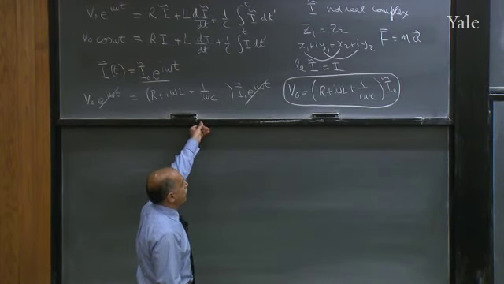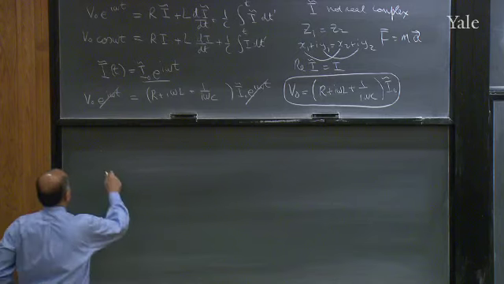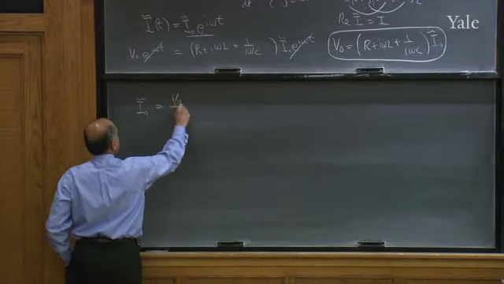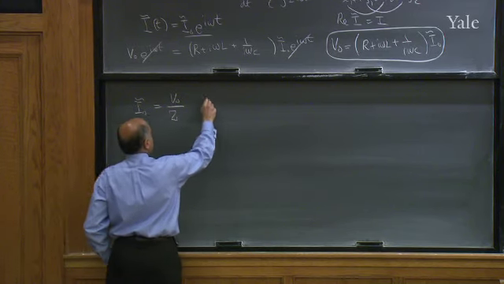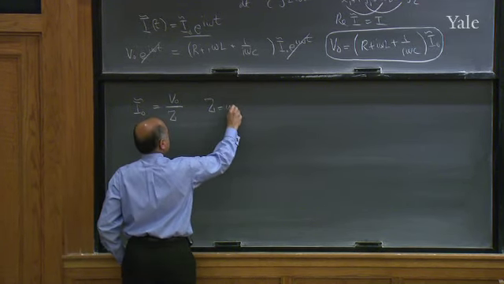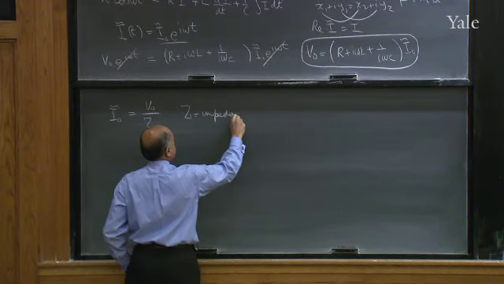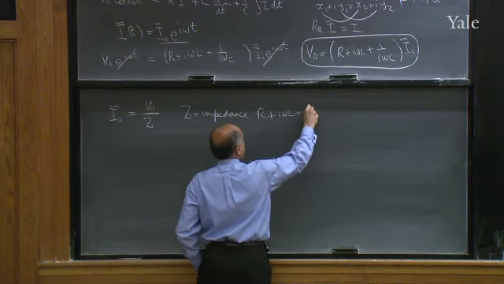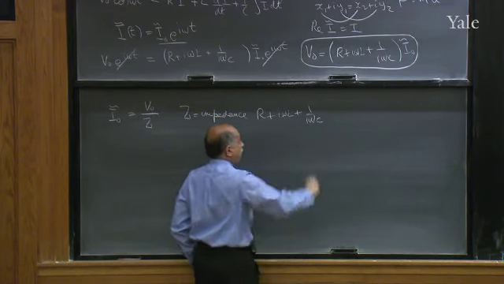And our goal was to find I0 twiddle. So I0 twiddle is equal to V0 divided by this complex number z. This complex number z is called the impedance. And it's equal to r plus I omega L plus 1 over I omega c for this problem.